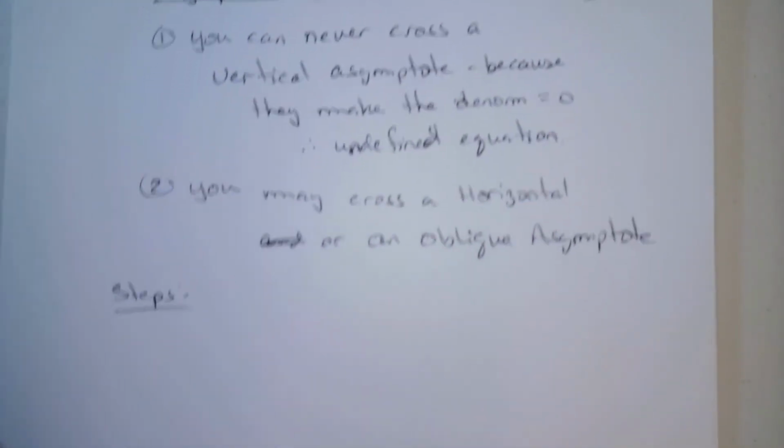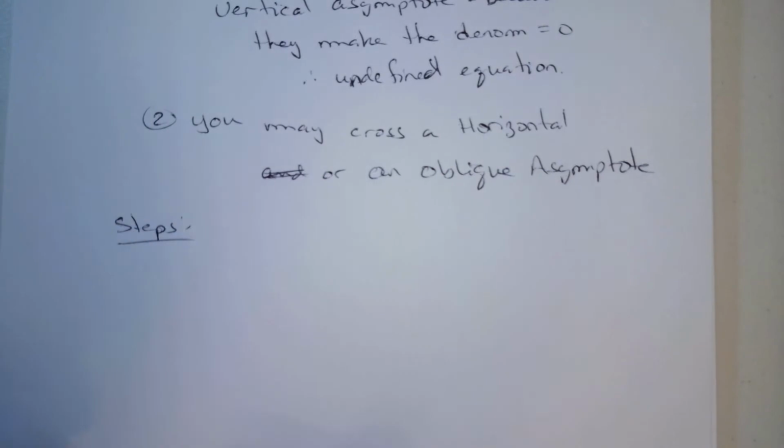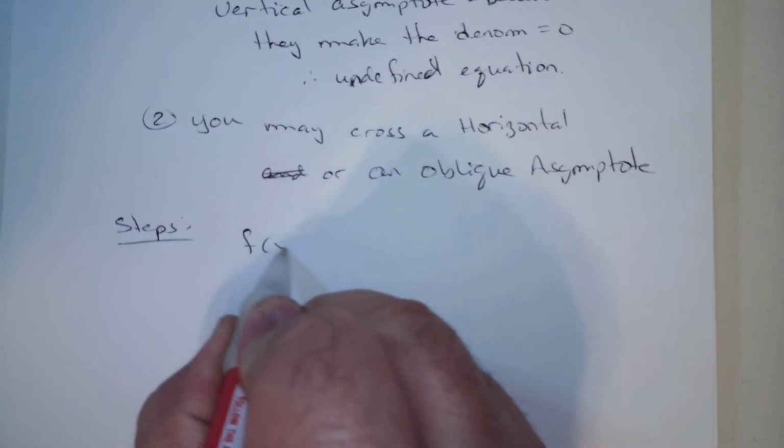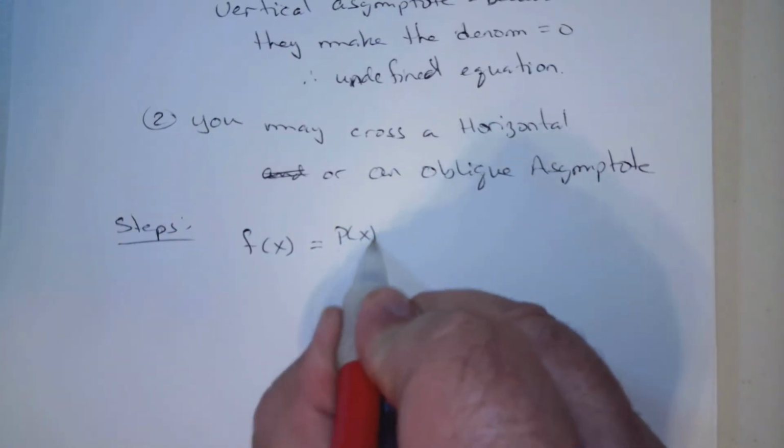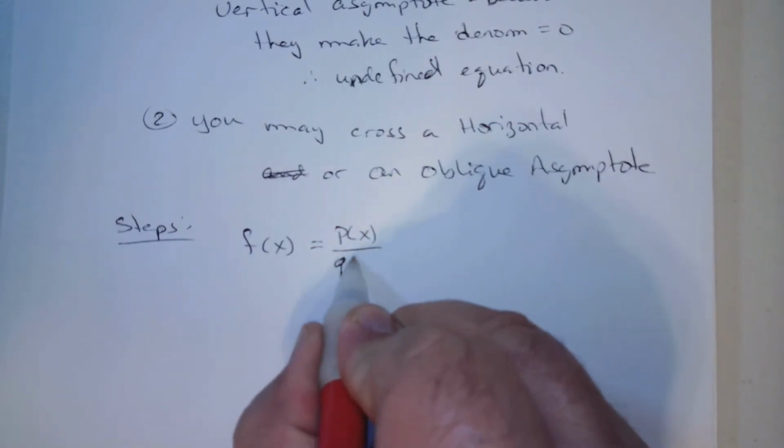So, here are our steps of solving these things. Remember, we have a rational function, where the top part is a polynomial and the bottom part is a polynomial.